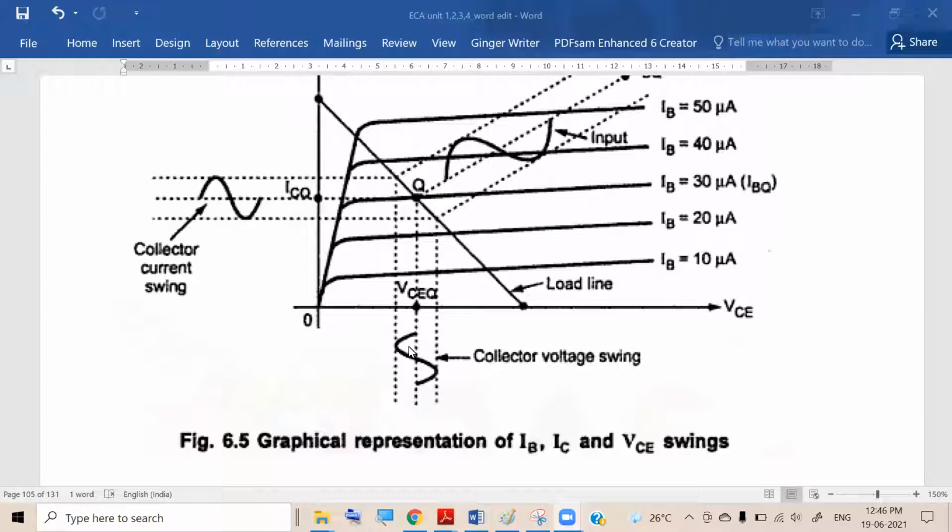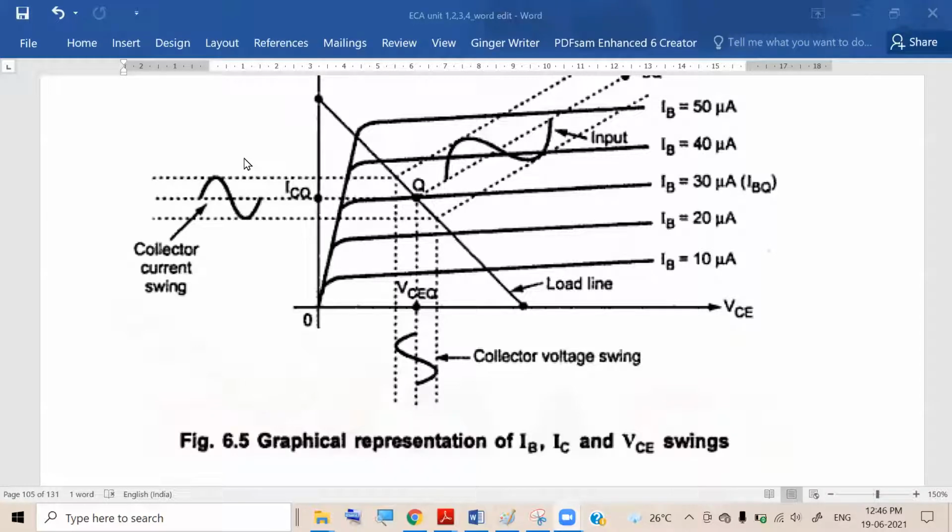Means if we give a plus sinusoidal signal, we are getting a minus sinusoidal signal. Minus sinusoidal signal means sine of 180 plus theta, isn't it? So it is phase shifted by 180 degrees. That is the reason why we have 180-degree phase shift in the amplifier circuit.